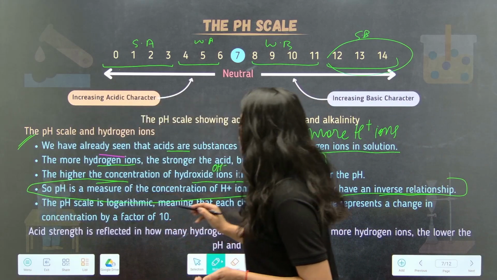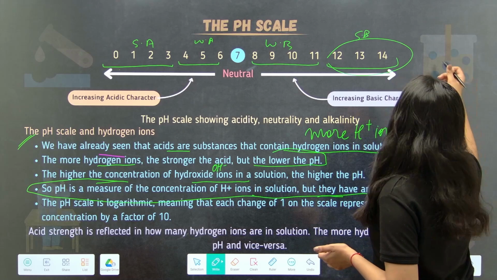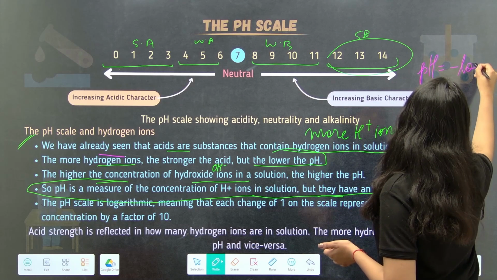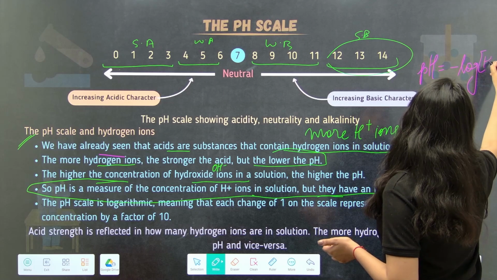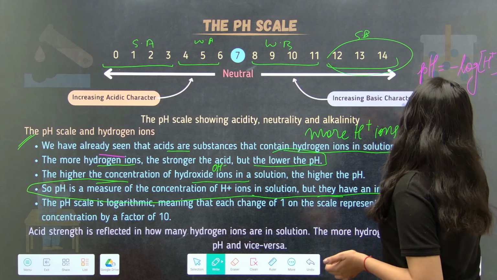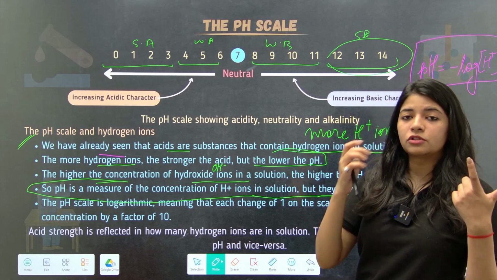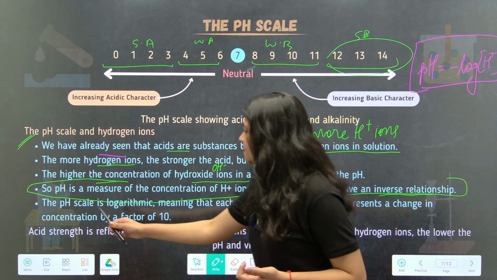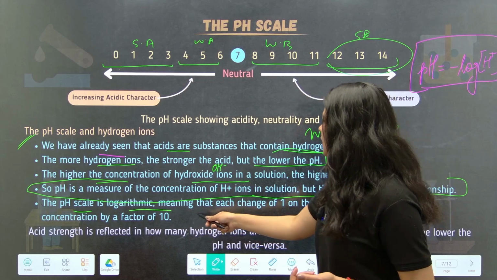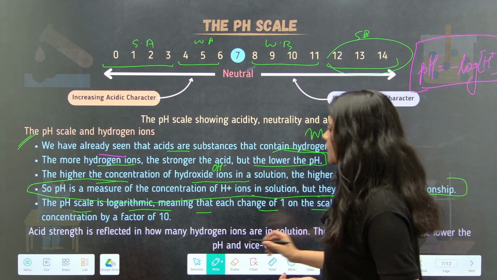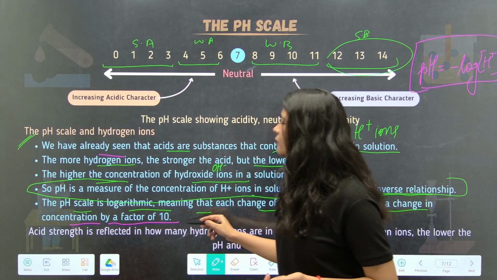So what is pH? If you have to write the formula of pH, then it is potential of hydrogen, pH equals minus log of the concentration of H plus. This is how we calculate pH. The pH scale is logarithmic, meaning that each change of 1 on the scale represents a change of concentration by a factor of 10.